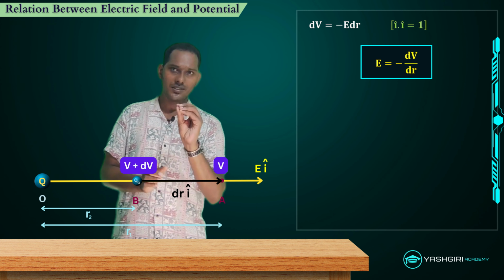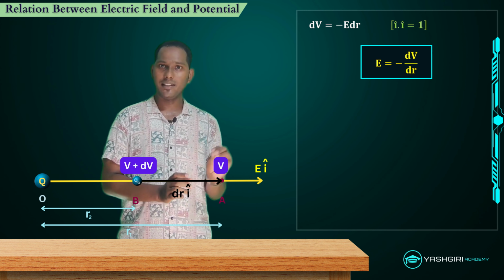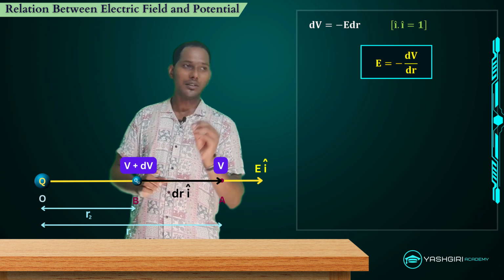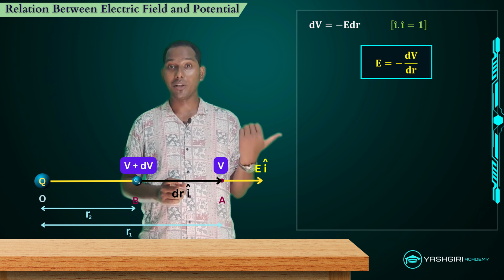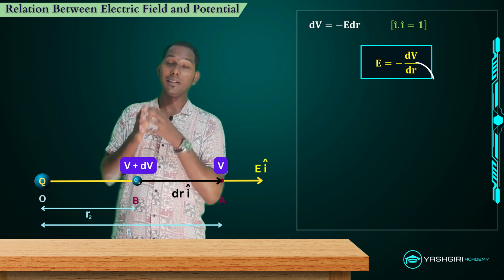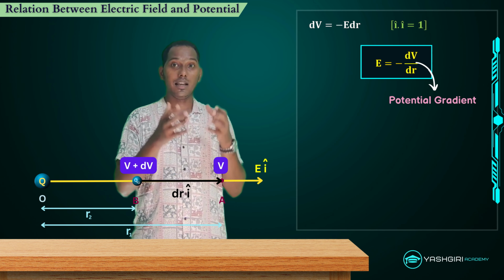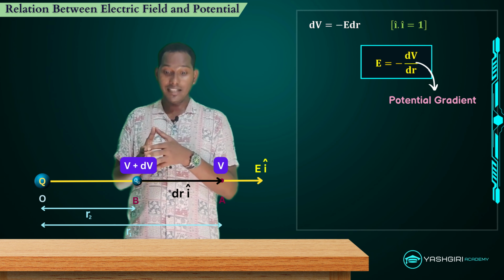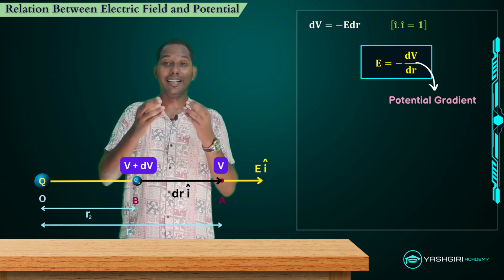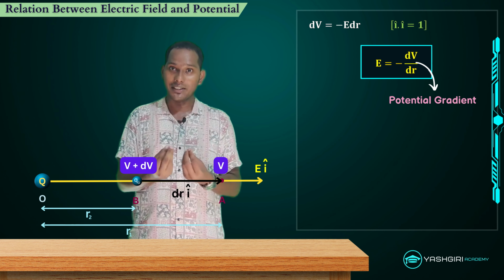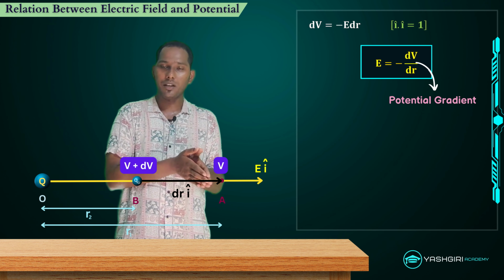Now if you see, students, what does dV by dr tell you? It's nothing but the rate of change of potential with distance, and for that we call it the potential gradient. If I want to know the electric field at a particular point, it is nothing but the negative of the potential gradient at that point.